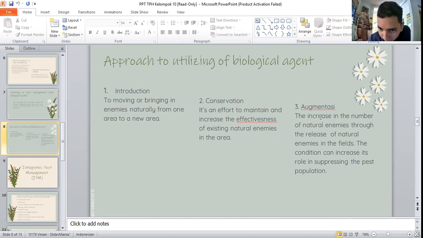Third, augmentation. The increase in the number of natural enemies through the release of natural enemies in the field. This can increase their role in suppressing the pest population.